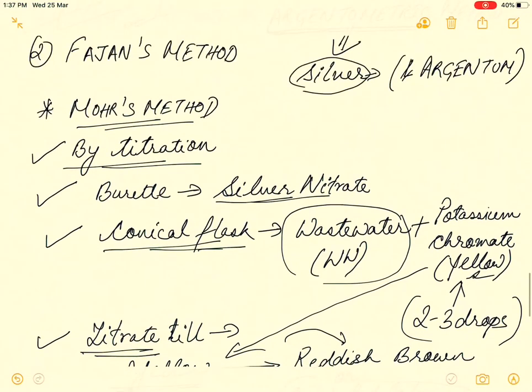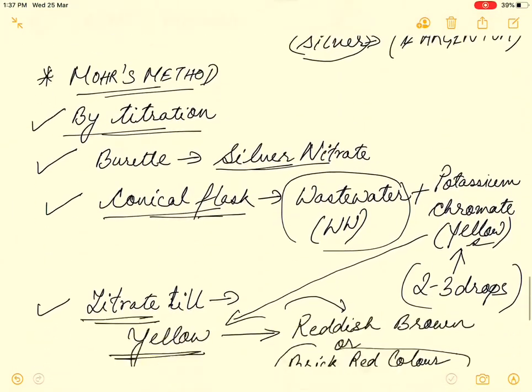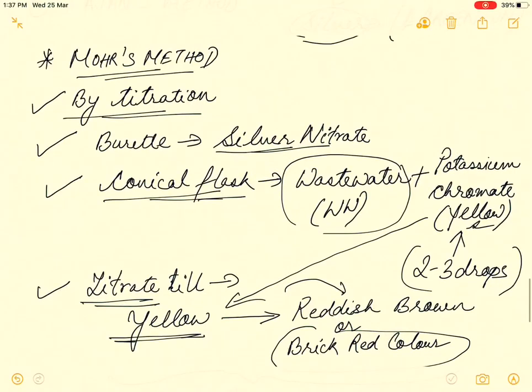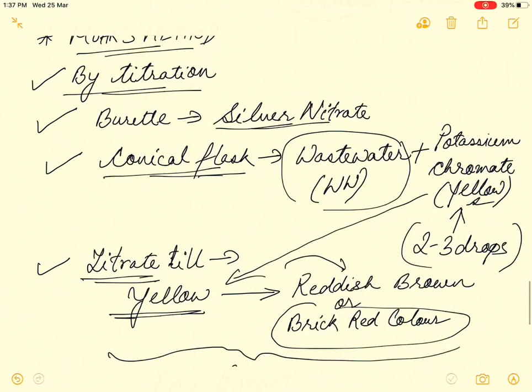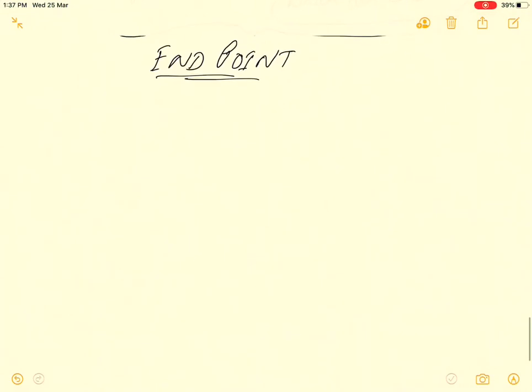So what is the Mohr method? It is a method of titration to determine the presence of chloride in a sample of water or wastewater. How is it done?